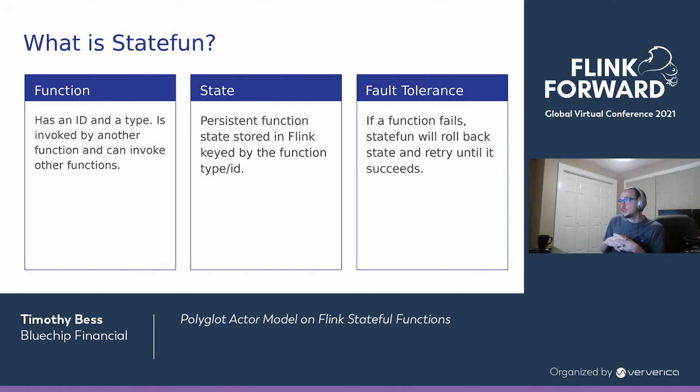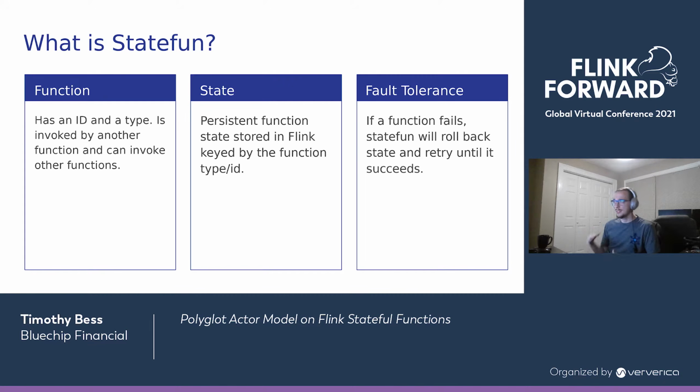And then the other thing you have is fault tolerance, because Flink, if it detects a failure, will continuously retry and roll back state every time across the entire cluster, meaning all functions. So if one function passes a message to function A, passes a message to function B, passes a message to function C, if C fails, B and A's state are rolled back, and everything retries. So you get really good consistency guarantees that way.